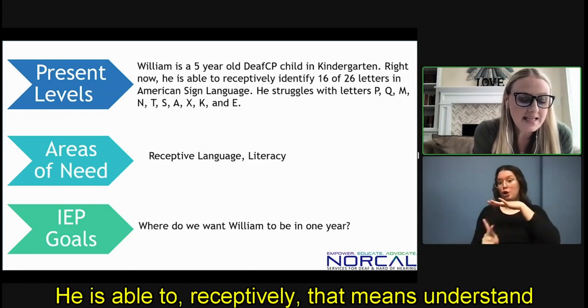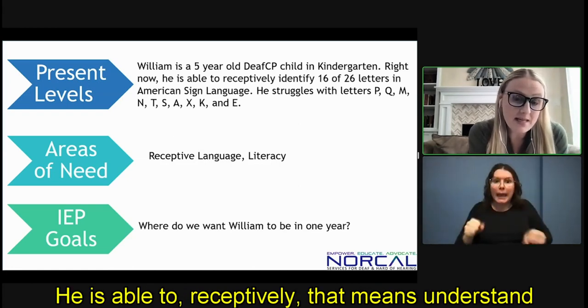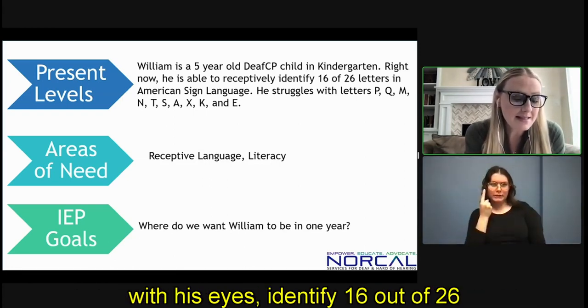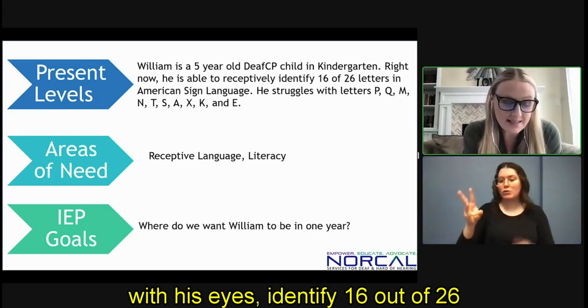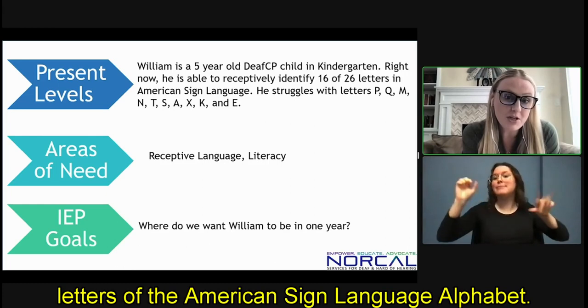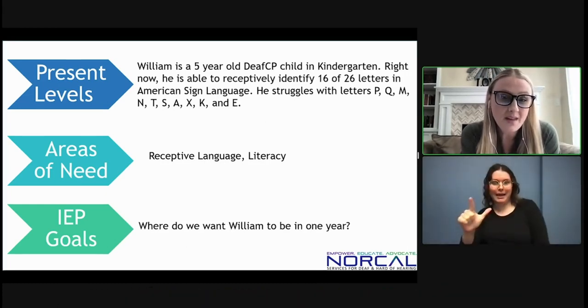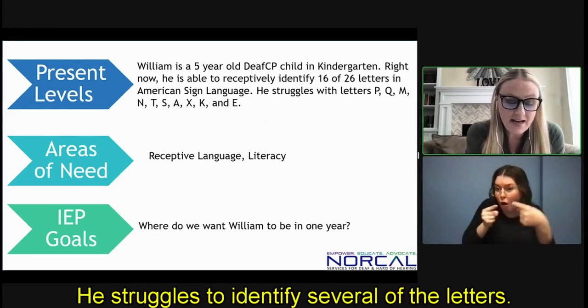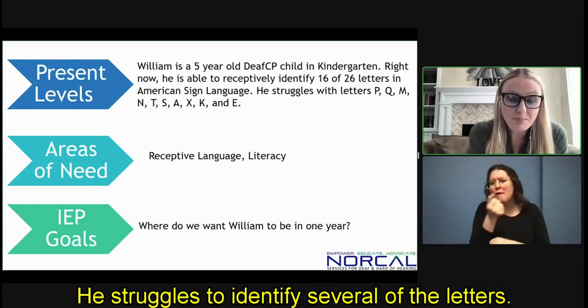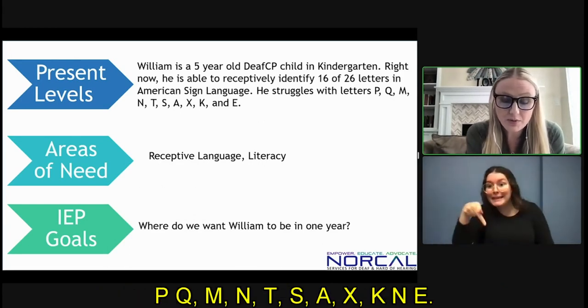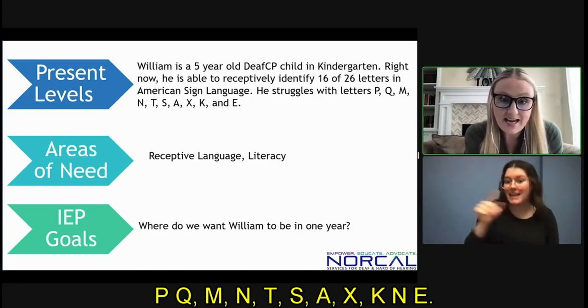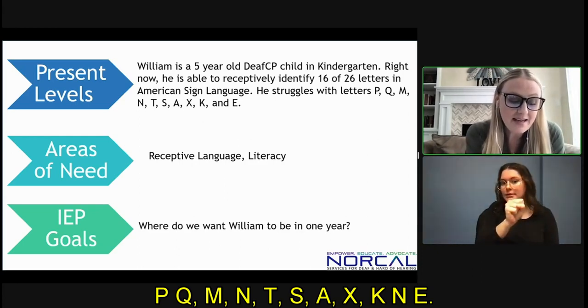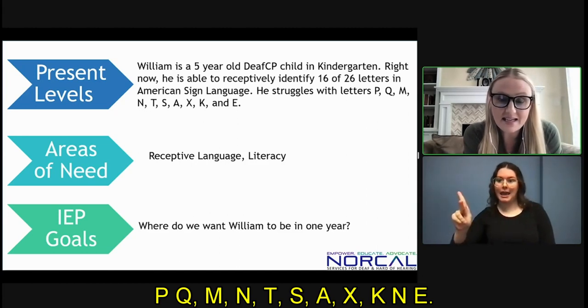Right now, he is able to receptively, that means understand with his eyes, identify 16 out of 26 letters of the American Sign Language alphabet. He struggles to identify several of the letters: P, Q, M, N, T, S, A, X, K, and E.